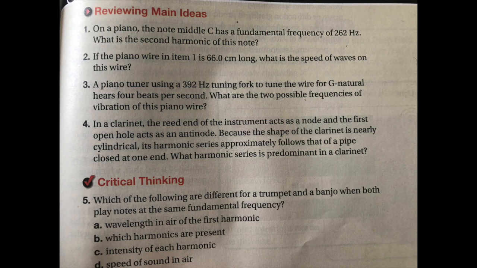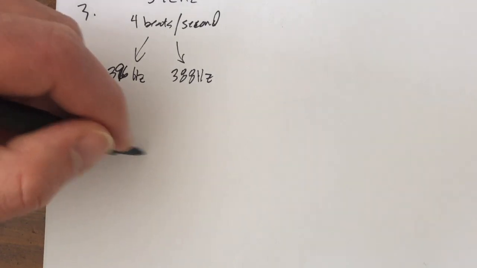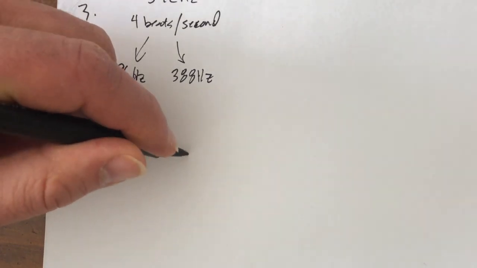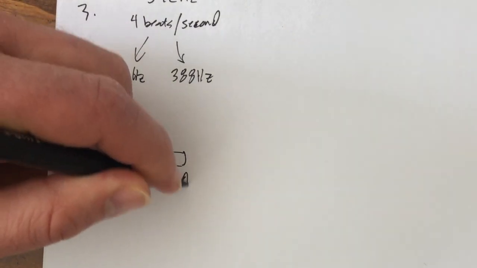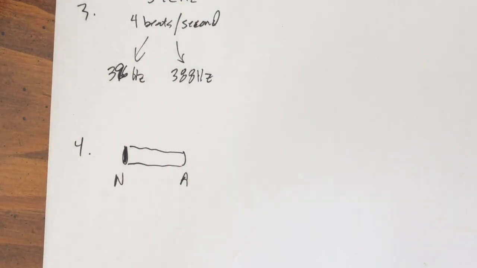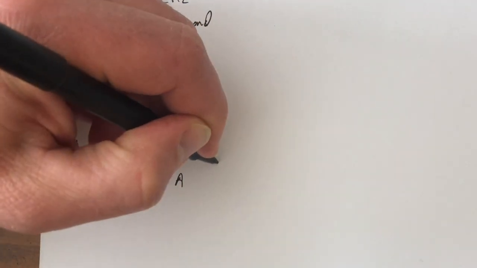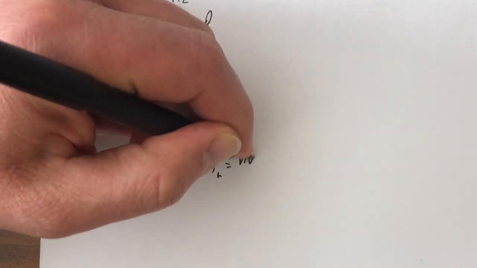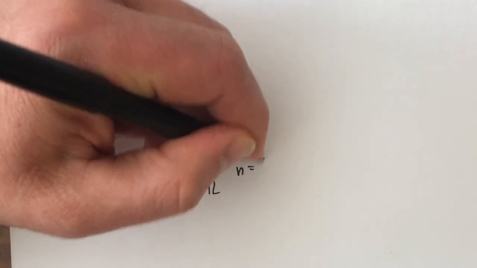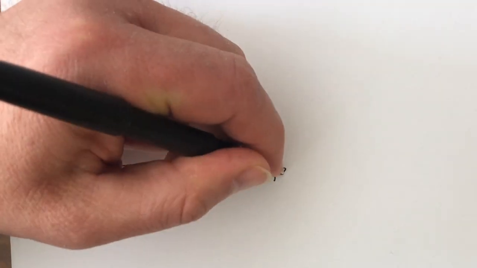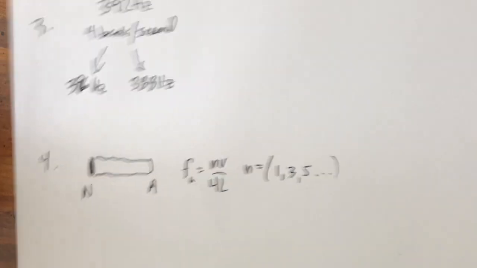So basically what this is saying is if you have a pipe that is closed at one end, and you have a node here and an antinode here, you have to use the equation for a closed pipe, which is Fn equals nv over 4L, where n is only allowed to be odd integers. So that's the harmonic series it's talking about.